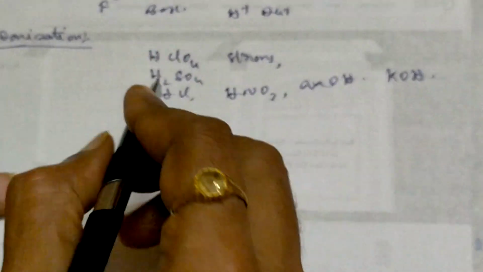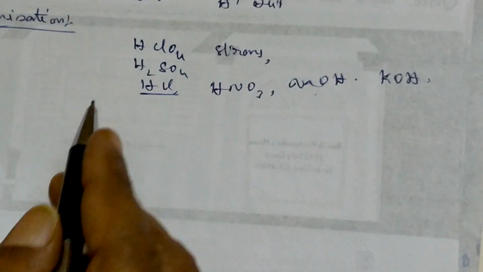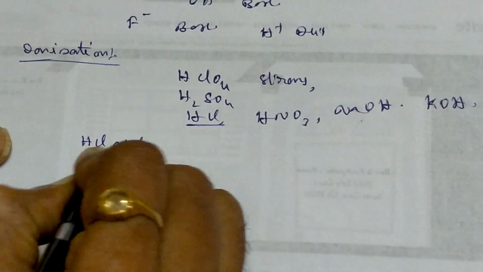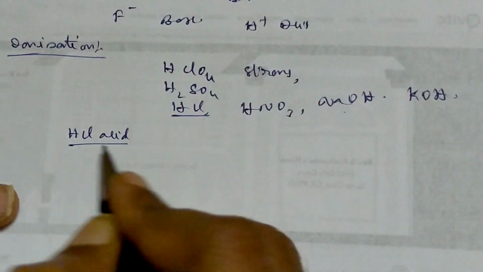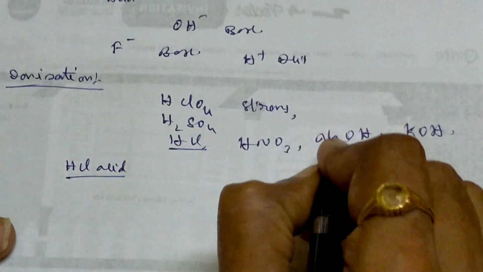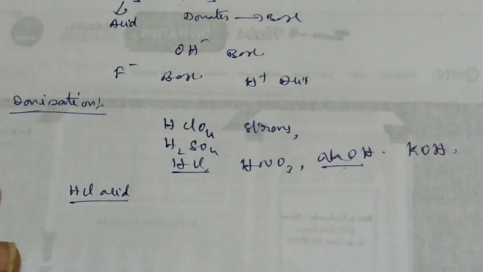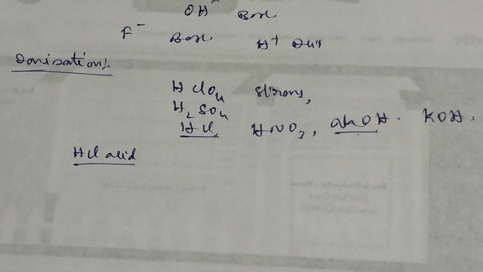If it is a strong acid or strong base, the corresponding conjugate base or acid will be weak. Suppose HCl is a strong acid, then HCl's conjugate base is a weak base. Similarly, NaOH is a strong base, its conjugate acid is a weak acid. Sometimes a question may be asked on this.